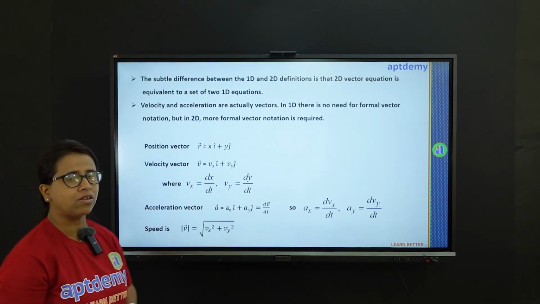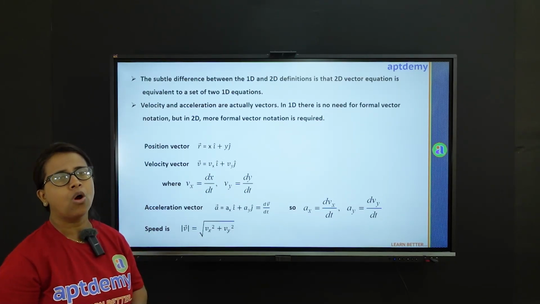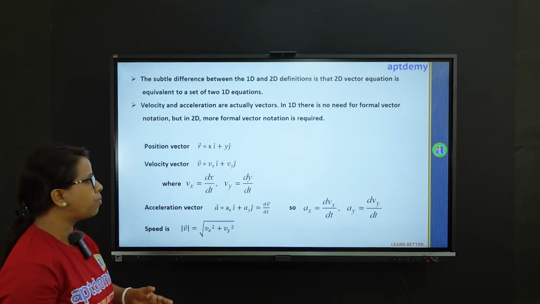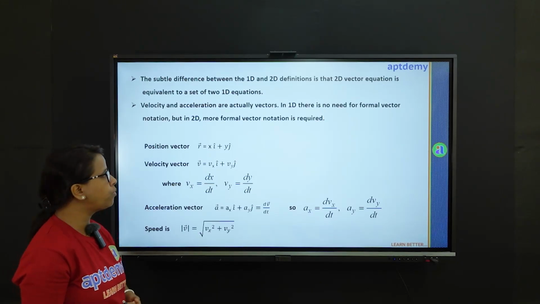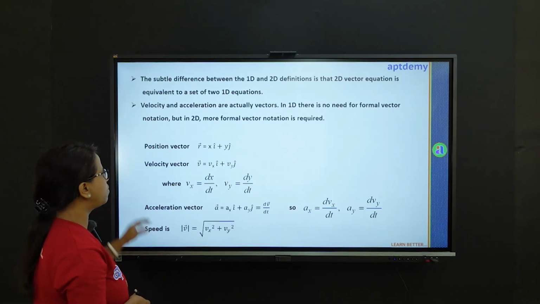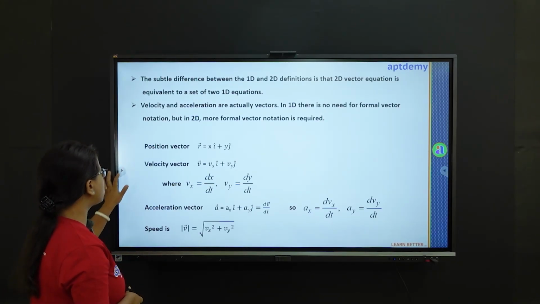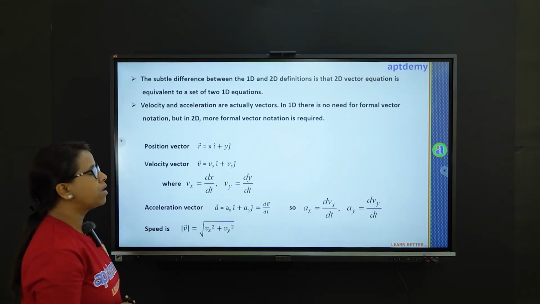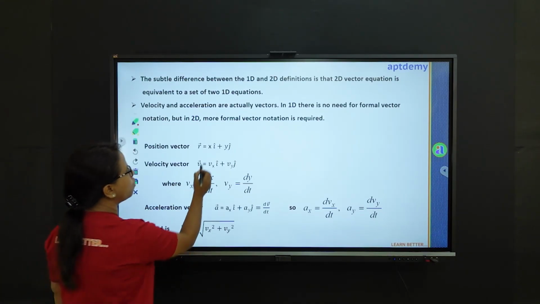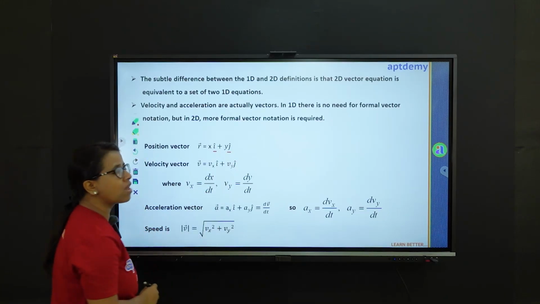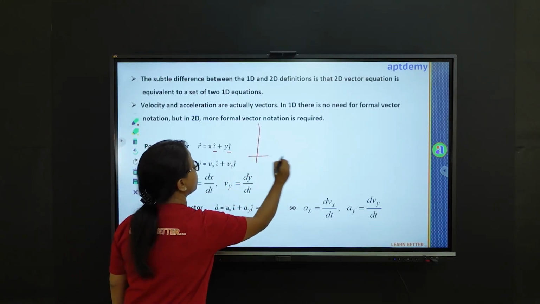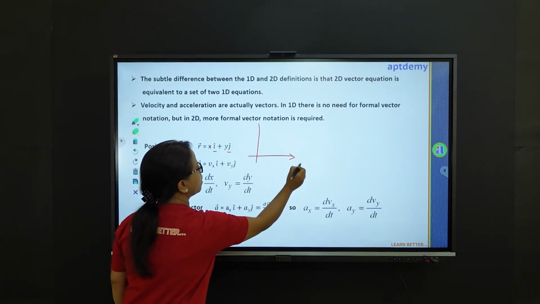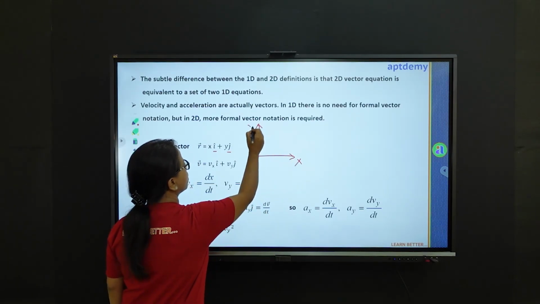Now position vector, for any particle or a body which is moving in a plane where we are concerned only with the x and y components, the position vector can be written as vector r equals x i cap plus y j cap. These are the unit vectors along the x and y directions. So it is as if the particle is moving in the xy plane.